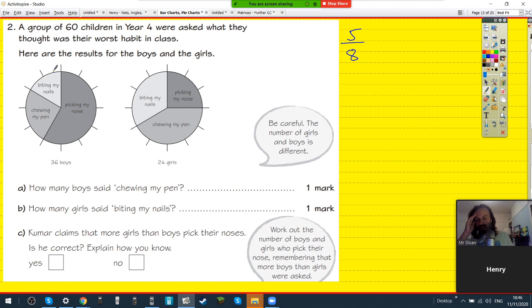So that's 5/8 of what? It's a group of 60 children. These are the boys and girls. Sorry, here it is. 36 boys. And so we want 5/8 of 36. How do we do that?